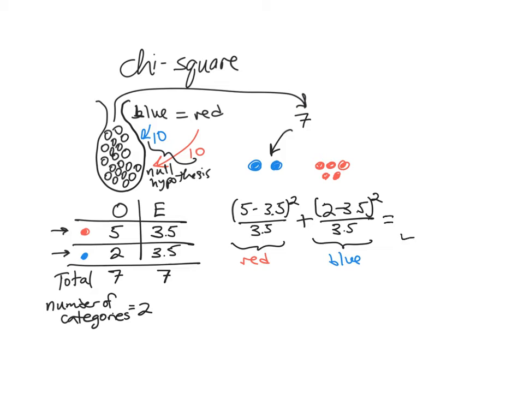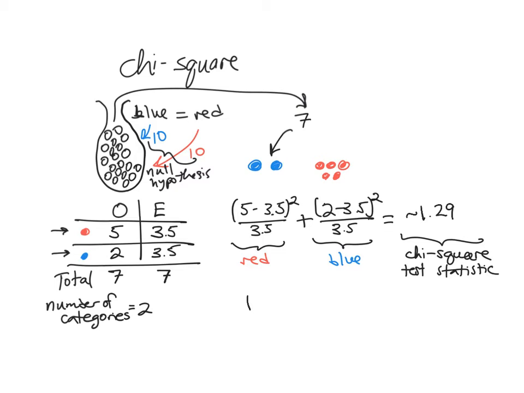So then, the numerical product of that equation is what we call the chi-square test statistic. And this chi-square test statistic is approximately 1.29.